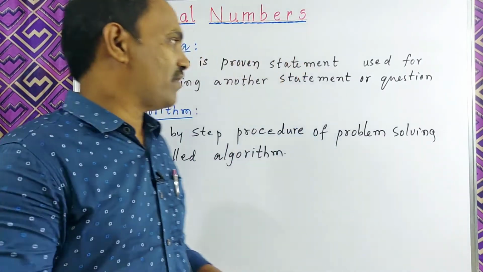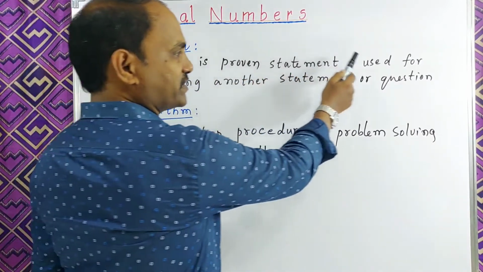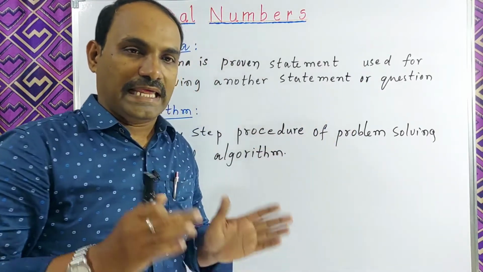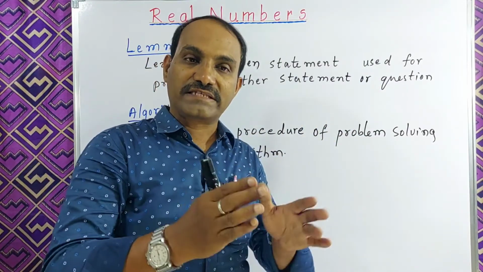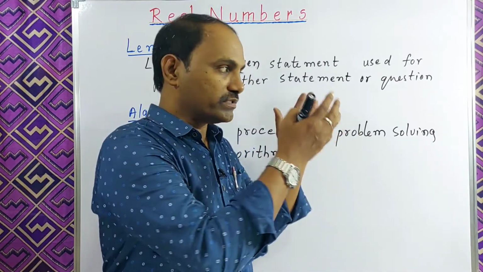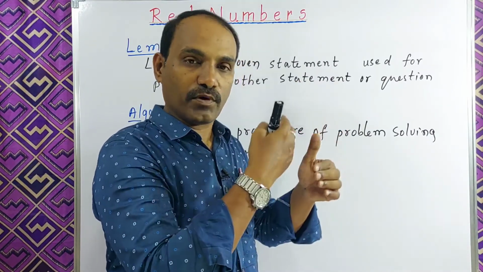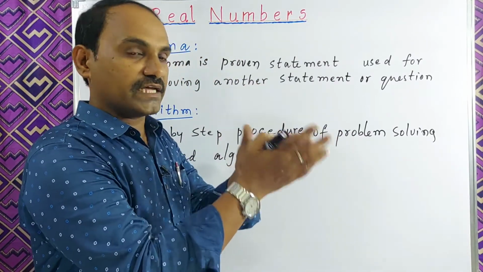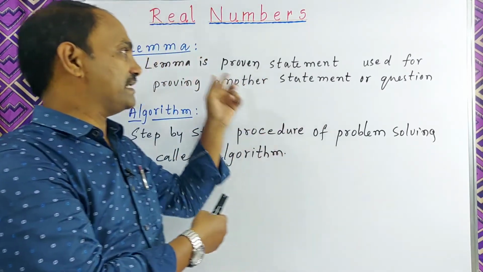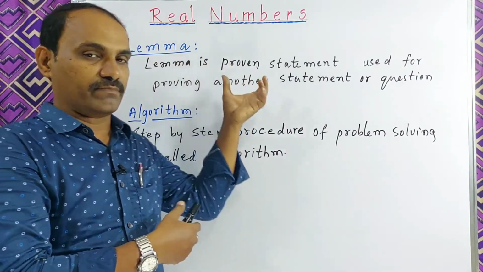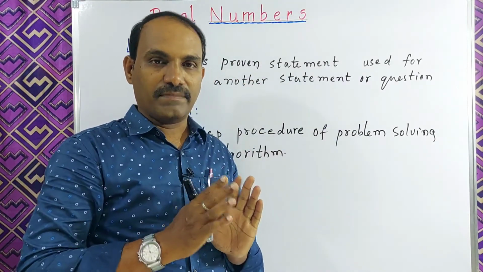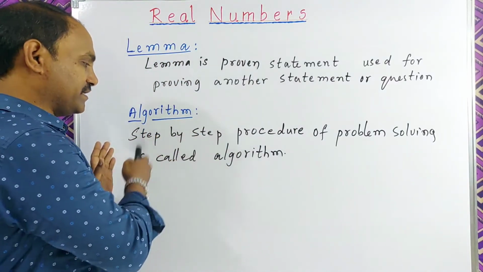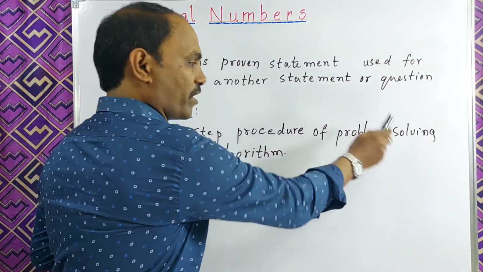What is a lemma? A lemma is a proven statement used for proving another statement or question. Lemma means a statement which is already proven. If you use that statement to prove some other problem or statement, then the statement we use is a lemma. Now what is an algorithm? An algorithm is a step-by-step procedure of problem solving.